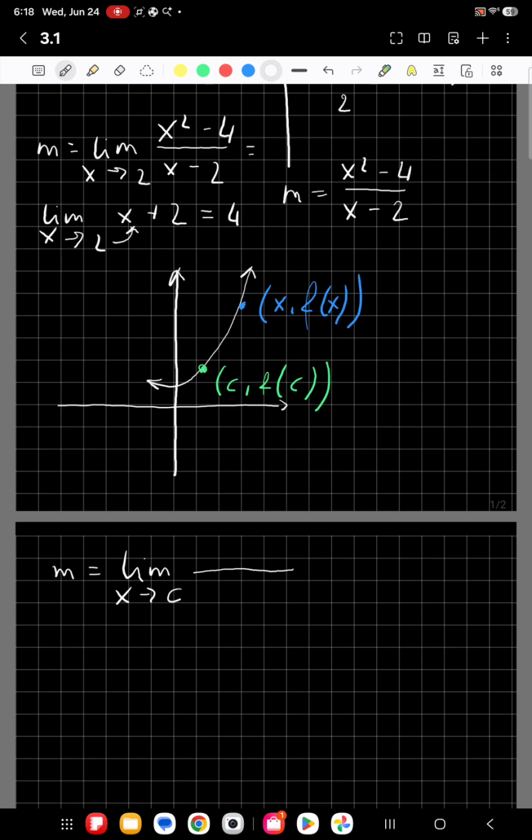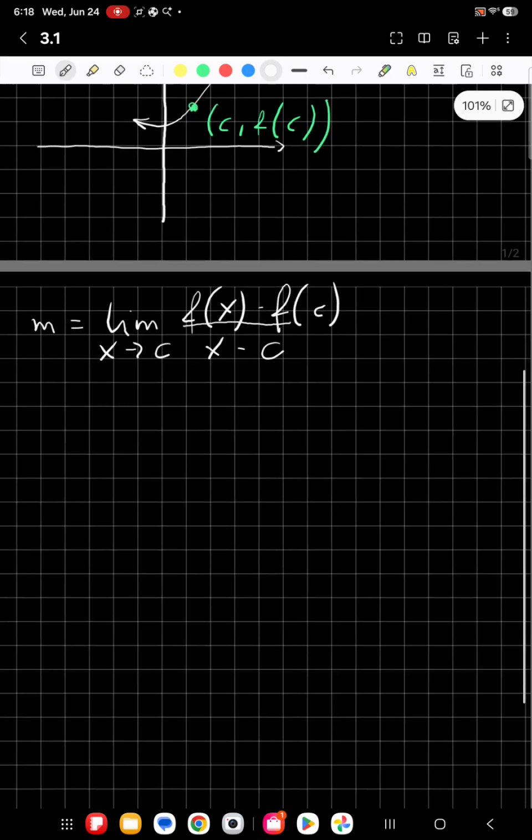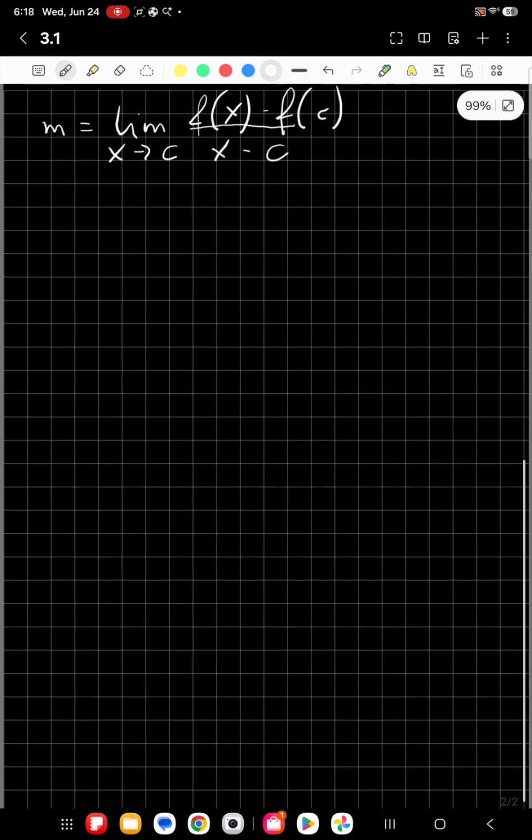And then we'll take f of x minus f of c, and the bottom will be x minus c. Okay, so that's one way of looking at it, and here is another, a different perspective. Again we start with the graph.